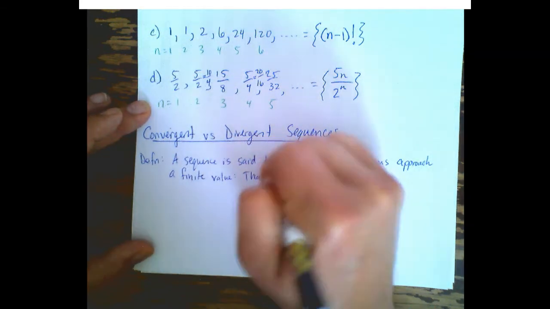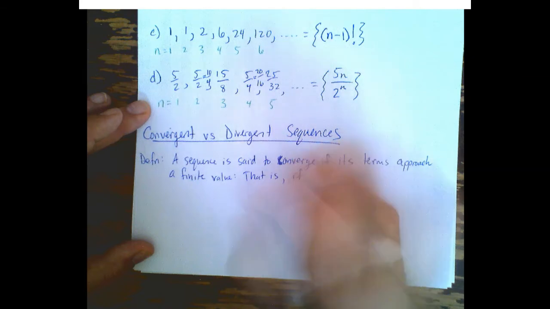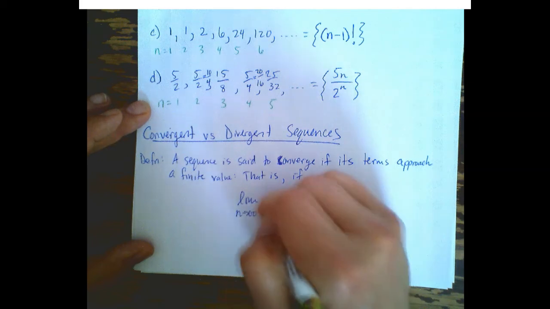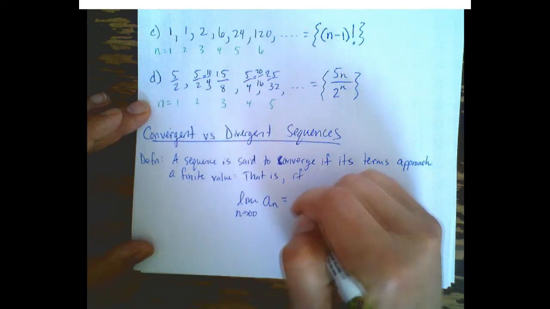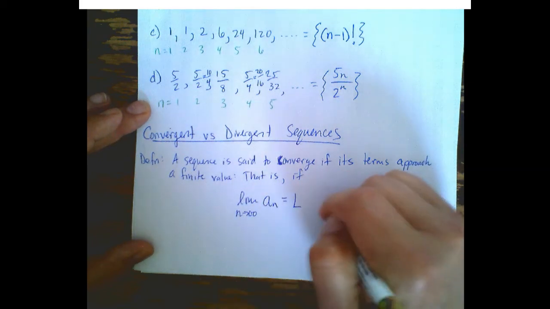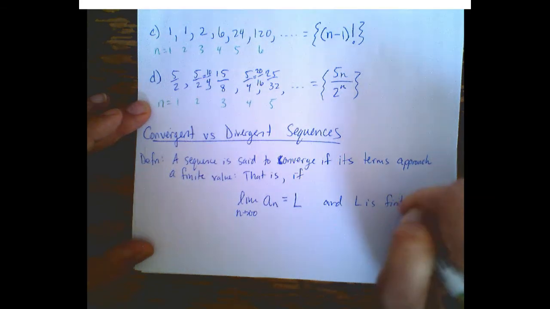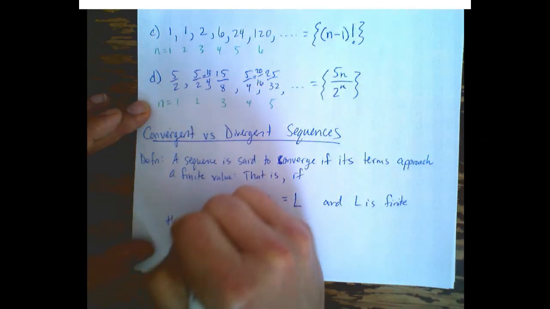That is, if the limit as n goes to infinity of the terms in the sequence equals L, and L is finite, the sequence converges.